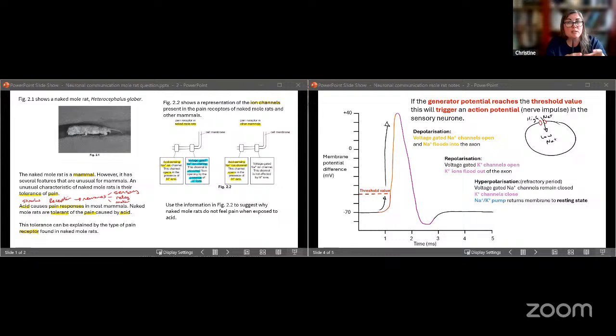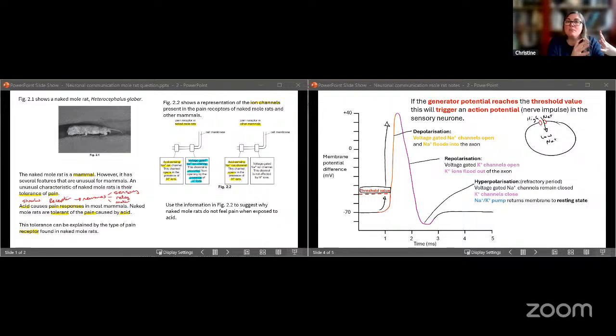What's important is that you will only have an action potential be triggered if that threshold value is reached. So if you reach the threshold value, then depolarization, then we have our repolarization, then we have our hyperpolarization.